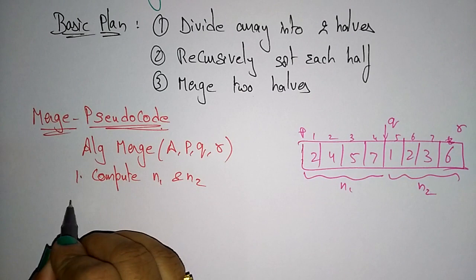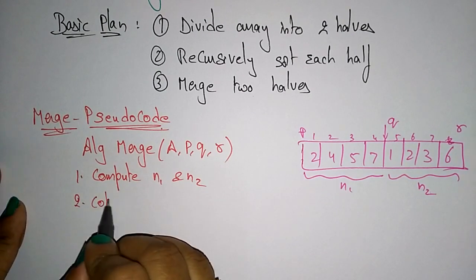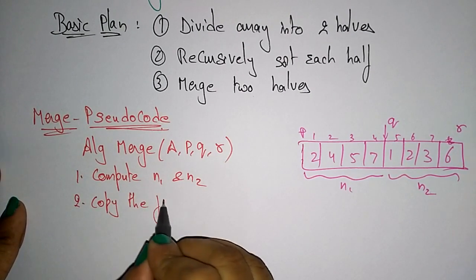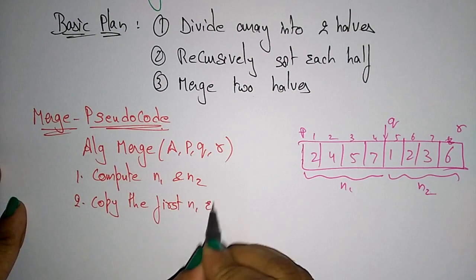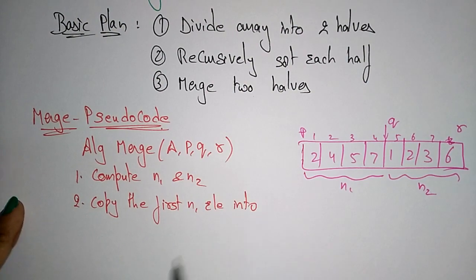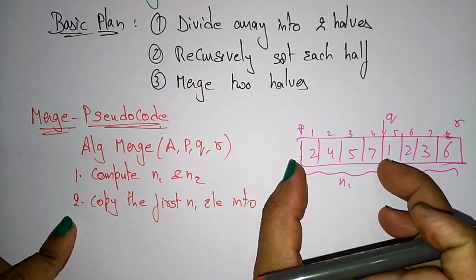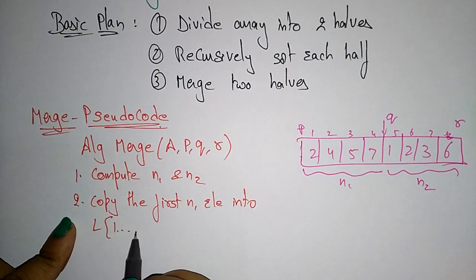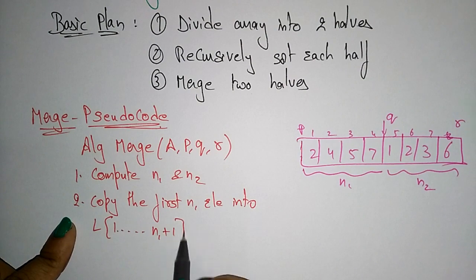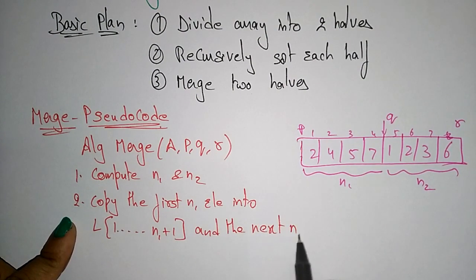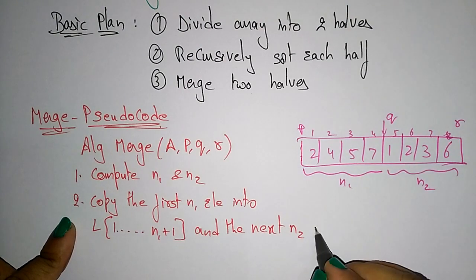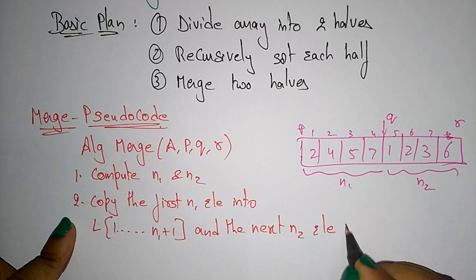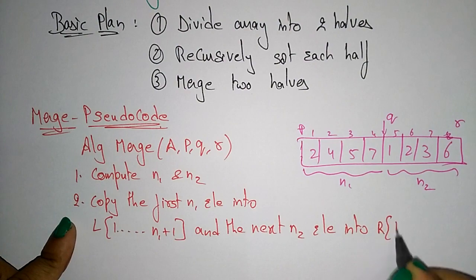Next, what will you do? The second step is to copy the first N1 elements into the left-hand side, L, from 1 up to N1 plus 1. And the next N2 elements into the right-hand side, R, from 1 to N2 plus 1.